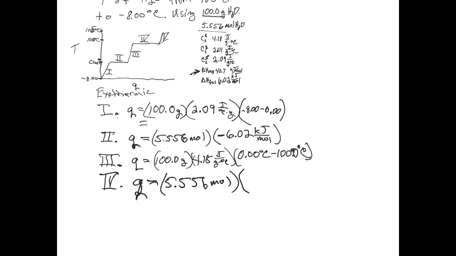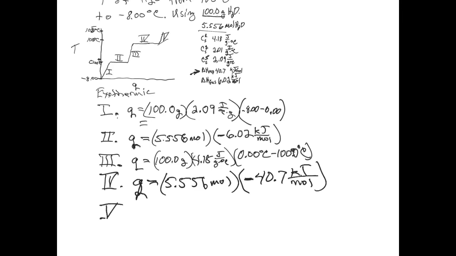And because now I'm condensing, I take my delta H vap and put a negative sign, because that's heat that will be released as we go from gas to liquid, and that's kilojoules per mole. So that should be a negative number again.